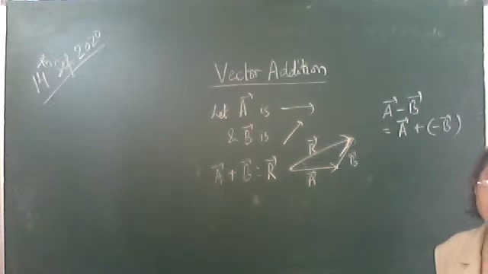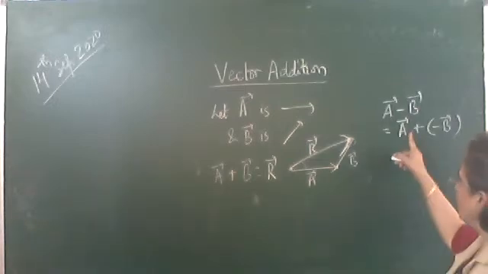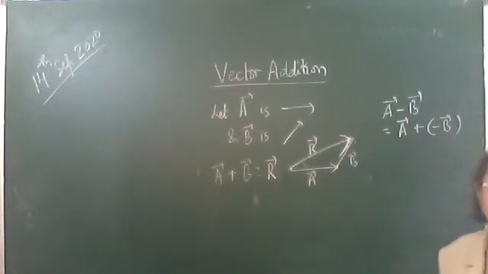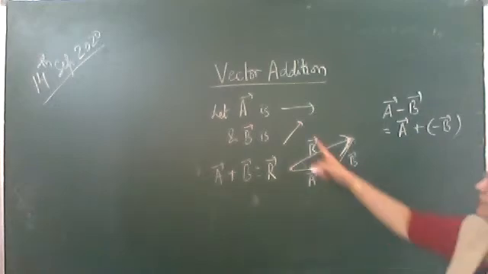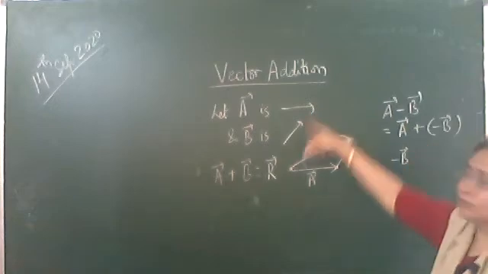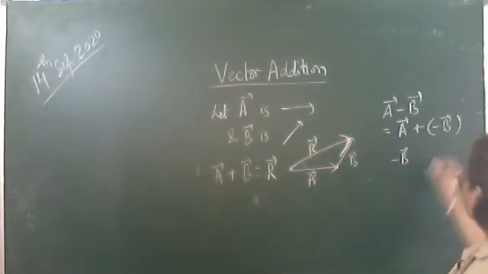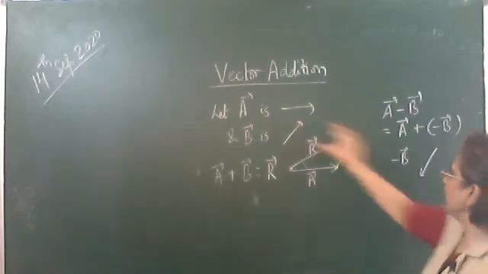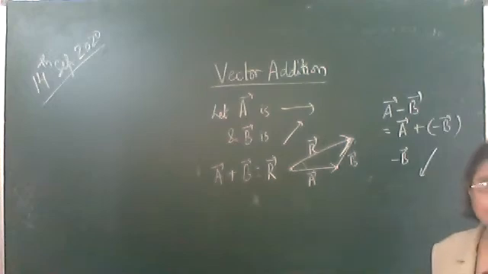So first we have to find minus B vector, the negative of B vector. What is the negative of B vector? For the same two vectors, it has equal magnitude, that is the same length, but the opposite direction.